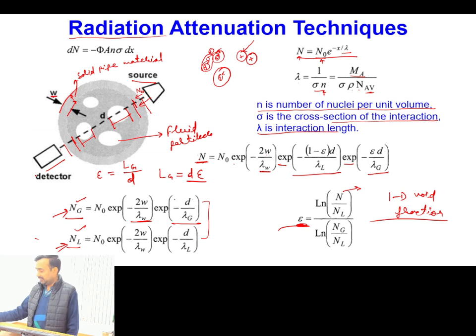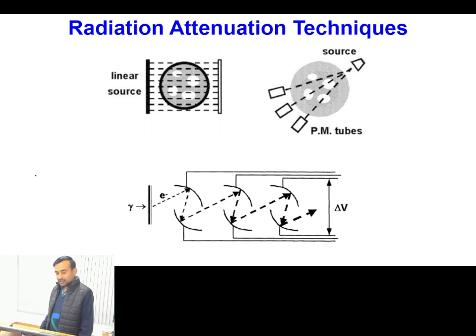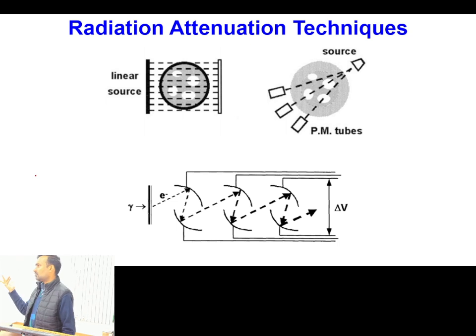Now let's see if I have to extend this for the whole cross section, because the one dimensional void fraction is of no use. Ultimately, what will I obtain from the one dimensional void fraction?